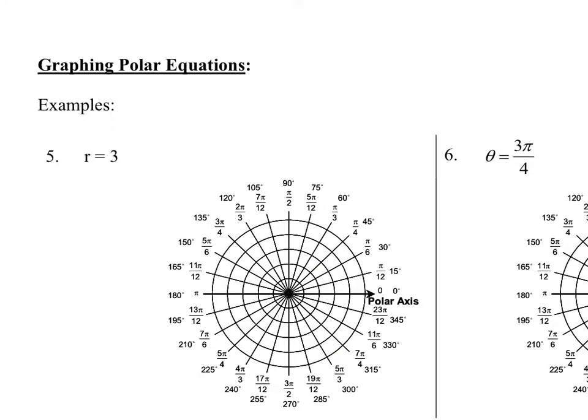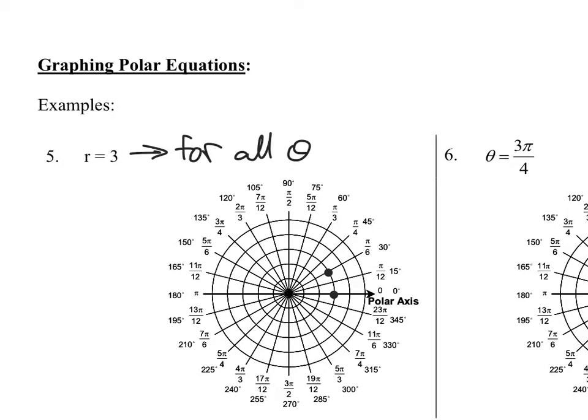So here we're saying that the radius is 3 regardless of what theta is. All right, so if theta is 0 degrees, it's still going to be an R value of 3. If theta is 30 degrees, it's still going to be an R value of 3.